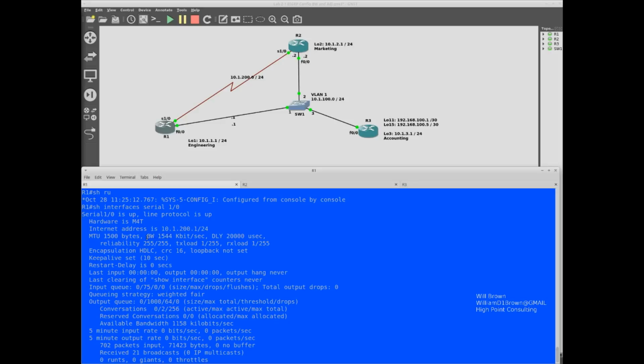And why this is important is that EIGRP by default will use 50% of the bandwidth in an interface to flood out its routing information.